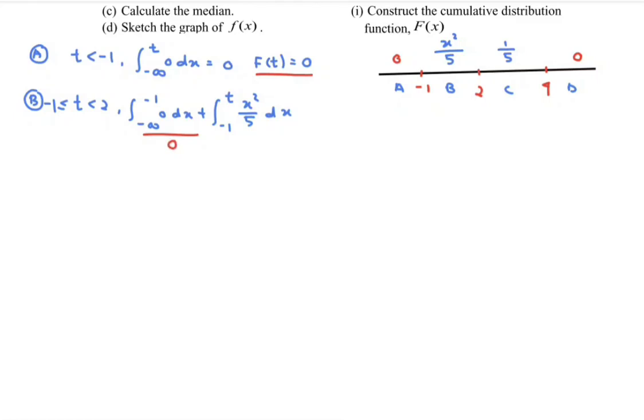Continue. Integrating this part, we will have x to the power of 3 over 15, evaluated from negative 1 to t. If we substitute, we will have t to the power of 3 minus negative 1. So as a conclusion, F(t) will be equal to 1 over 15 in brackets, t to the power of 3 plus 1.